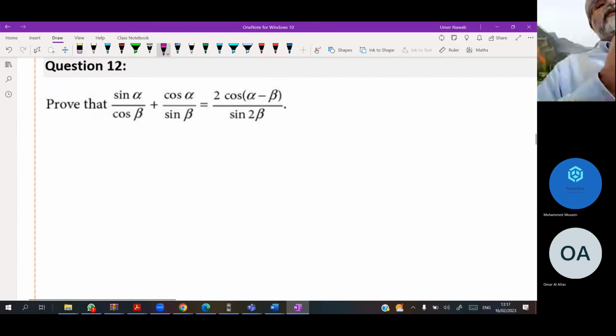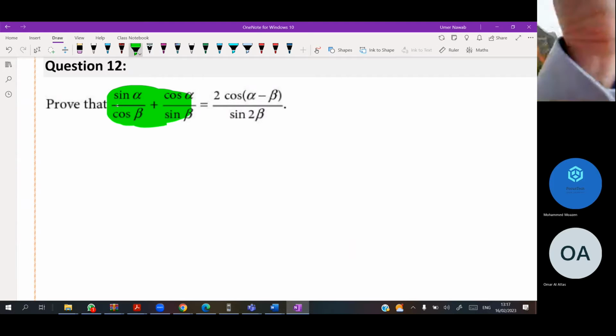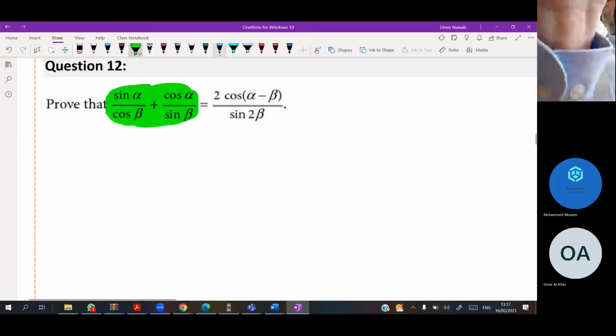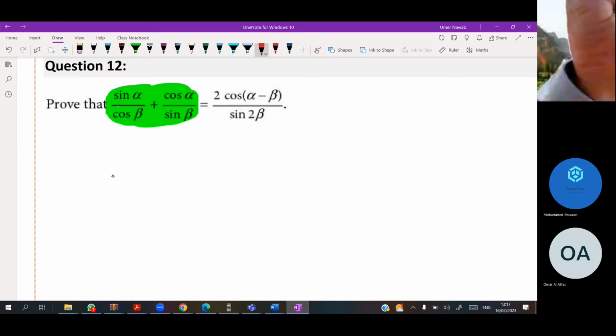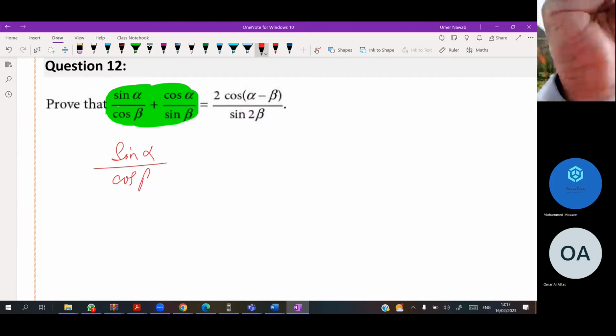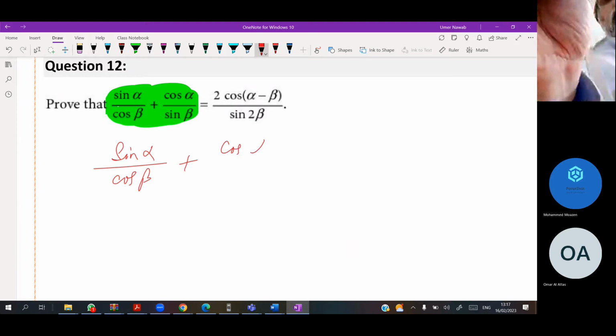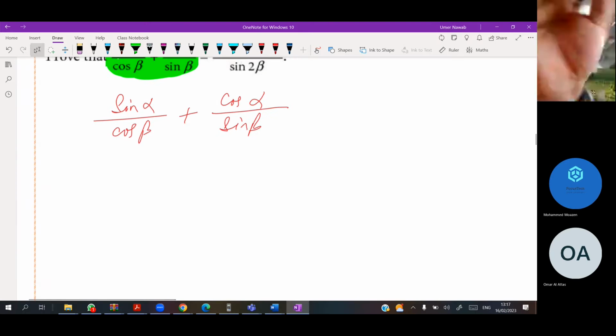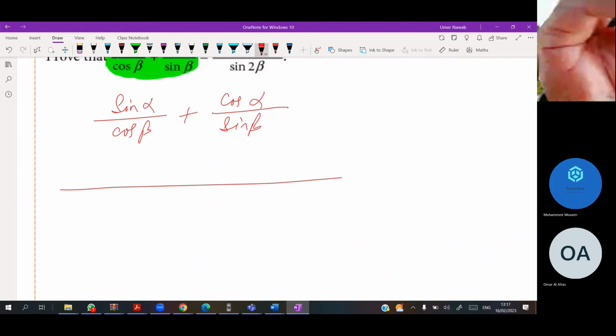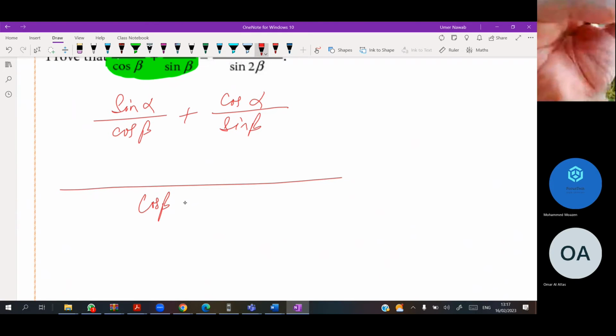The question number 12, which I gave to you guys, we need to prove our left-hand side equals the right-hand side. I'm going to write sine of alpha over cosine of beta plus cosine of alpha over sine of beta. Now I'm going to draw the big line, cosine of beta, sine of beta.